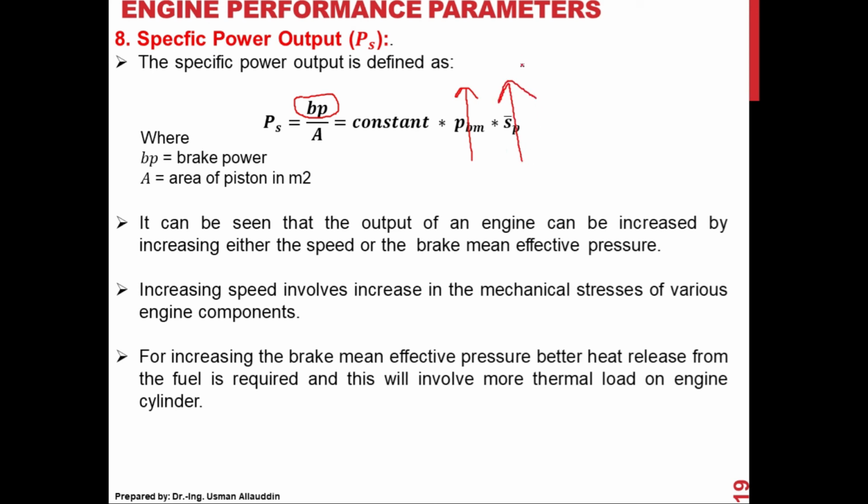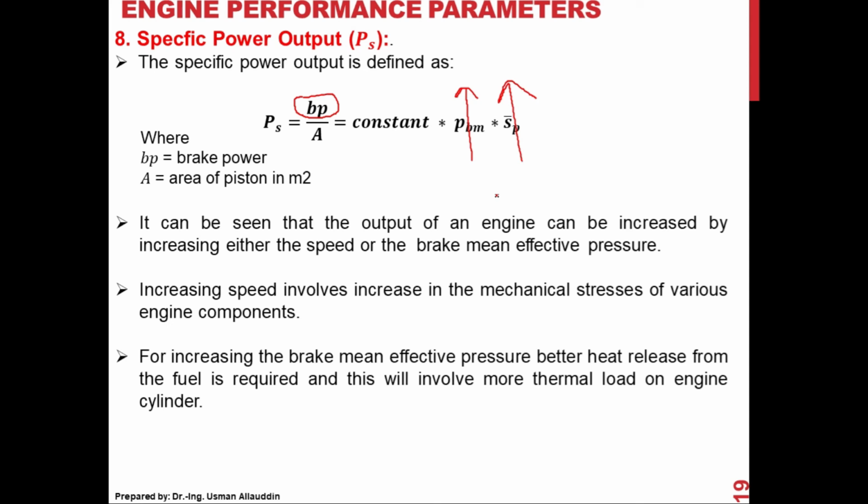If you increase the mean piston speed, there will be material stresses and fatigue effects on the material. If you increase the mean effective pressure, there will be more thermal load on the engine parts, because to increase the brake mean effective pressure you need a higher amount of heat to be transferred.